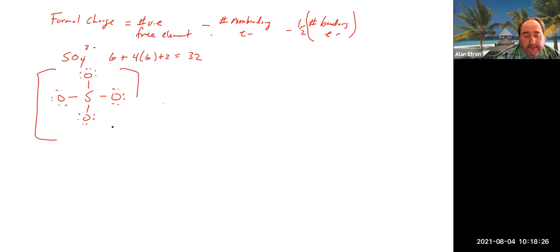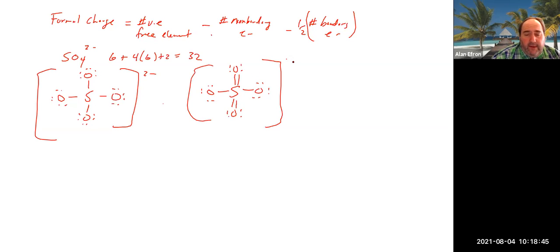And it's a good structure. But sometimes we do see it drawn where we do some double bonding happening.